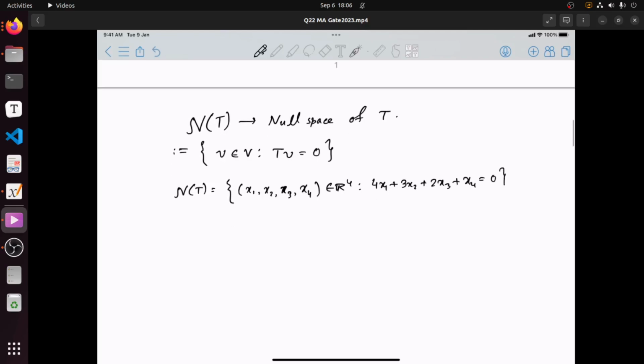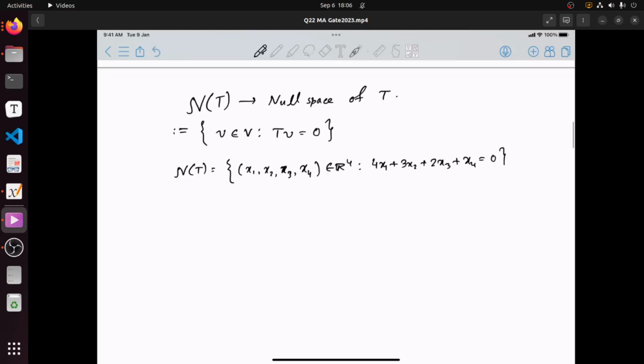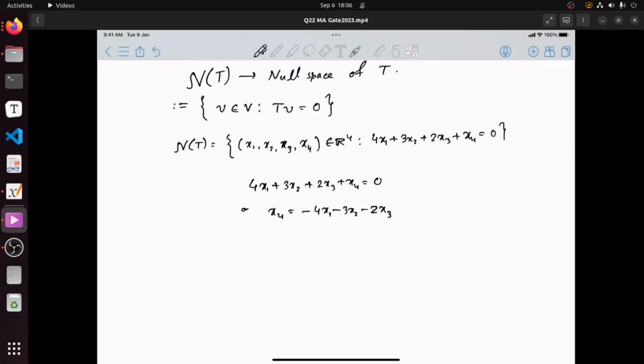Okay, so let's find what the null space will be. This equation is given: 4x1 plus 3x2 plus 2x3 plus x4 equals 0. From here we can write x4 in terms of the others: x4 equals minus 4x1 minus 3x2 minus 2x3. As only one equation is given, we can write x4 in terms of x1, x2, x3.